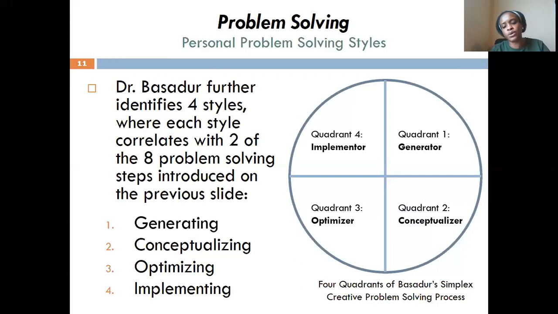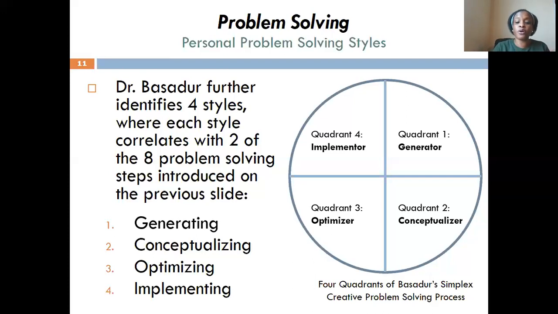The optimizer decides on which prototype, which idea will optimize profitability margins, is most usable for users, will fit under the timeline for manufacturing. And please bear in mind that all these different quadrants are engineers. So don't think that you've got to be an economist to be an optimizer. As an engineer, you could also be an optimizer.